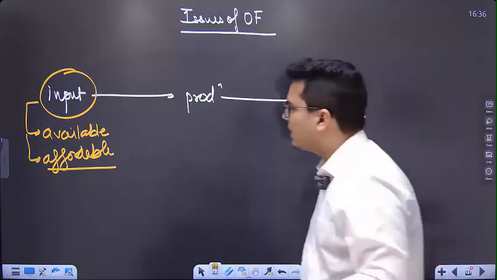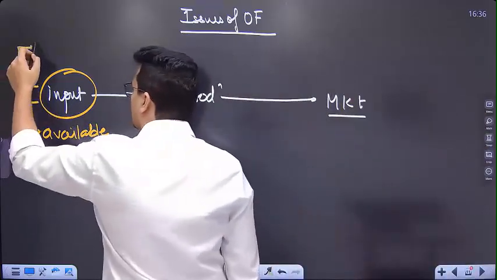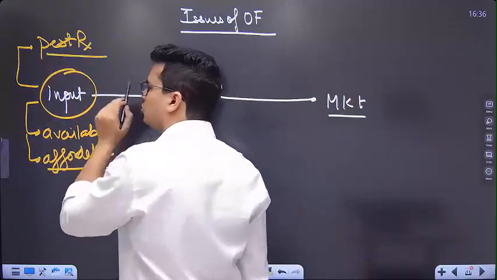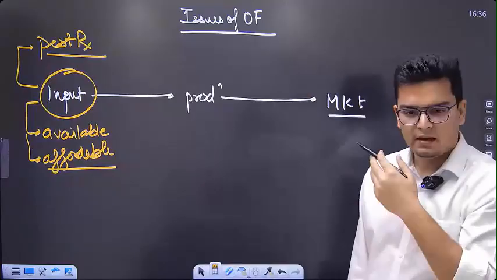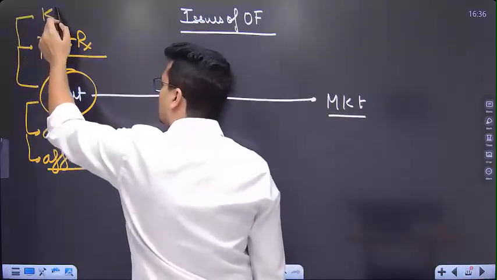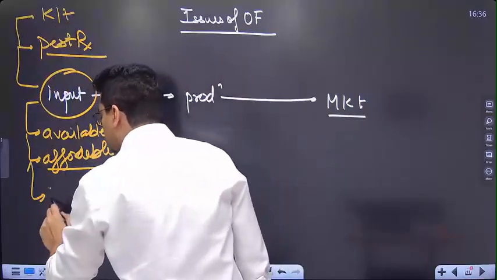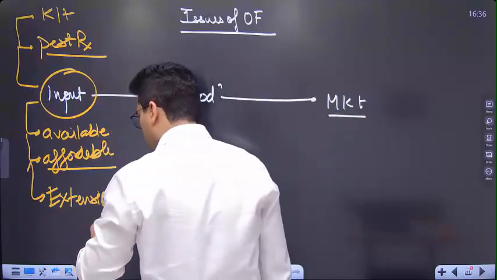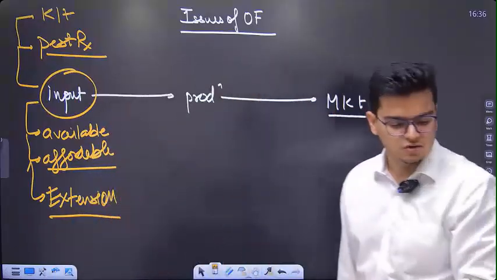You look at the fact that pest management without chemical fertilizers is always going to be a problem. Then here you will also need knowledge and training. You will need extension services, which have a certain issue.